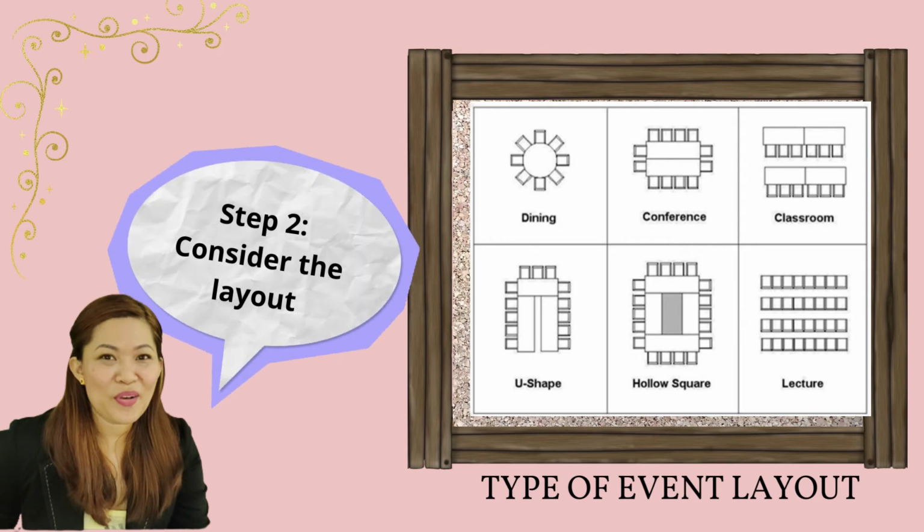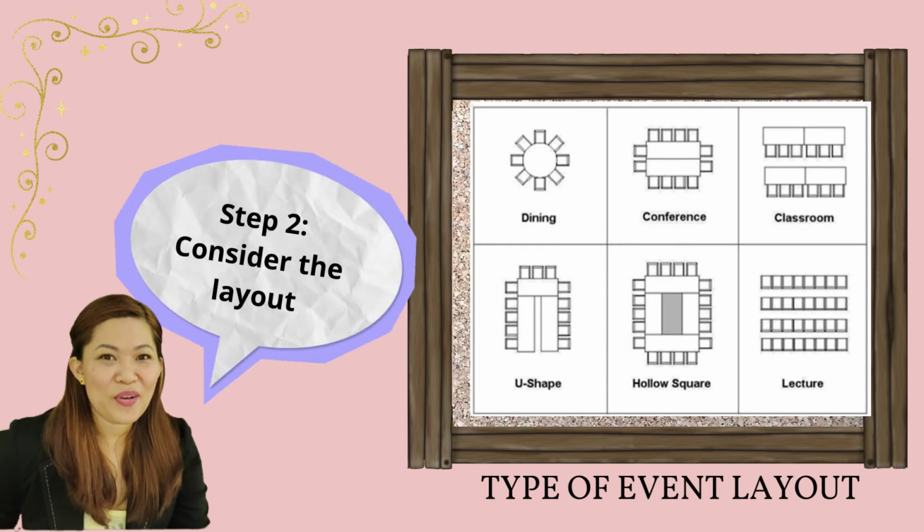Conference is usually like a meeting setup wherein different business individuals are gathered to discuss a certain topic. For the classroom, it's usually for seminars or workshops because the idea is to learn or deliver a skill or knowledge to the participants.